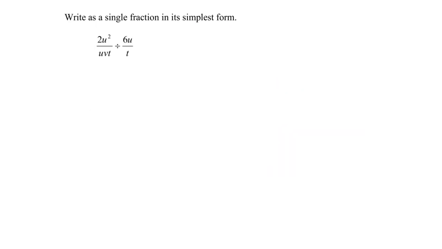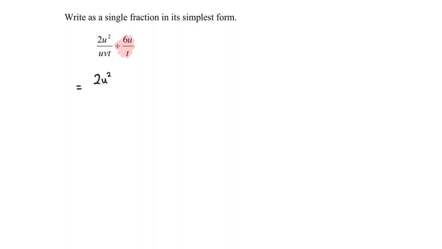Hello everyone, for this part of the question, we will have to rewrite this as a single fraction in its simplest form. So with that in mind, then I'm going to start to simplify first, because I saw that we are going to divide by a fraction. So take note how Mr. Tan will do.